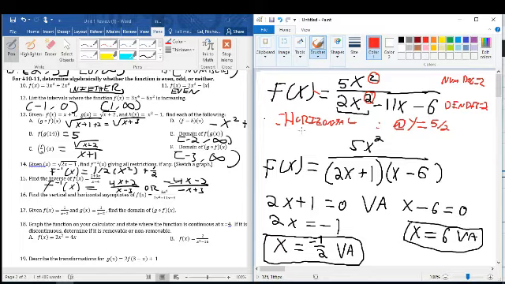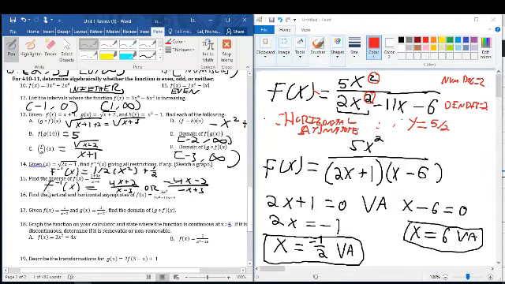So sorry for using the term slant, but it's a horizontal asymptote. It's just at y equals 5/2. Okay.